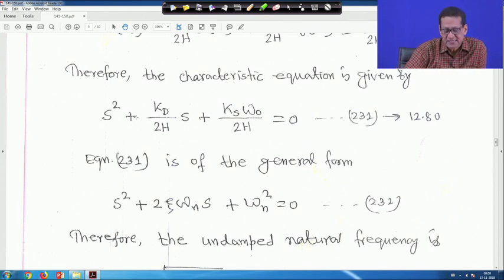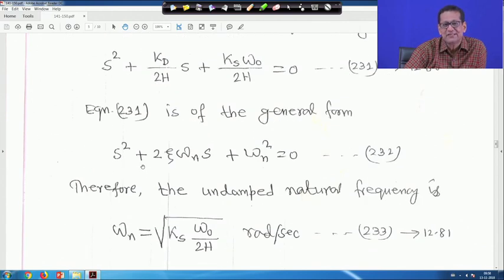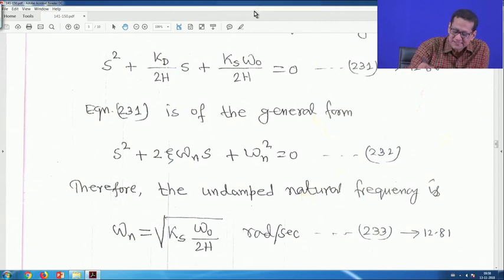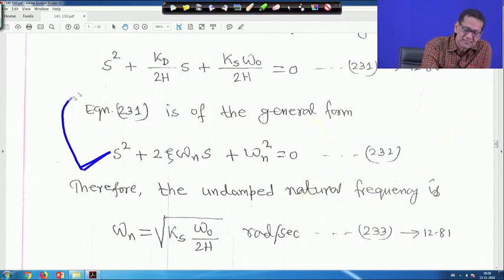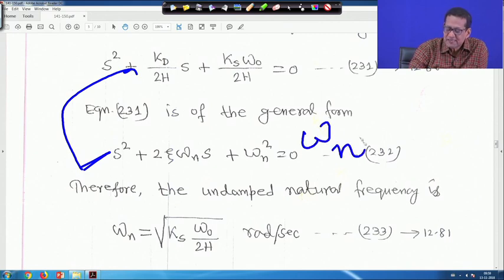So this is the simple second order characteristic equation. Equation 231 is of the general form you have studied in third year control system engineering. For a second order system it is s square plus 2 xi omega n s plus omega n square is equal to 0.